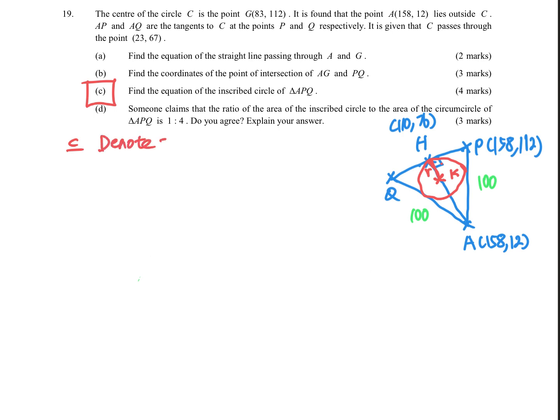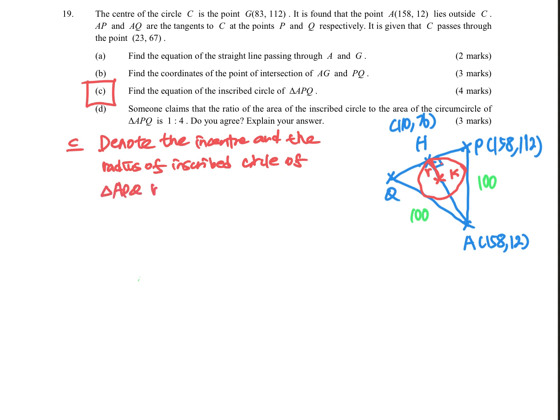Denote the incenter and the radius of the inscribed circle of triangle APQ by capital letter K and small letter r respectively.